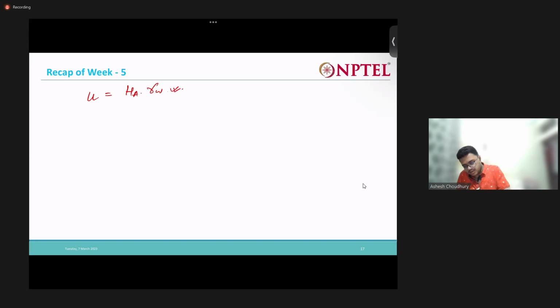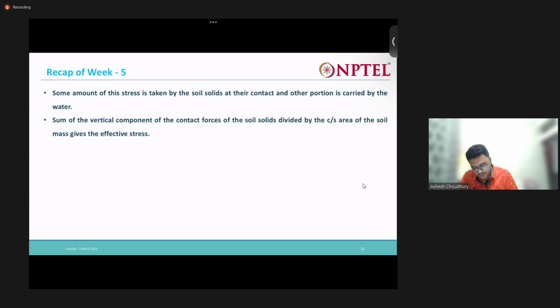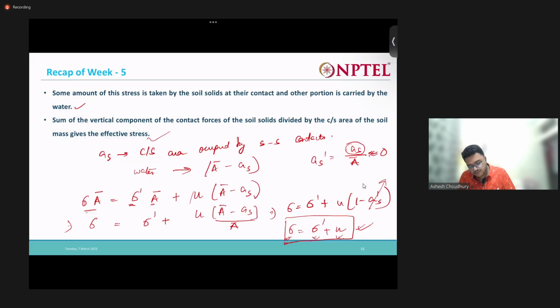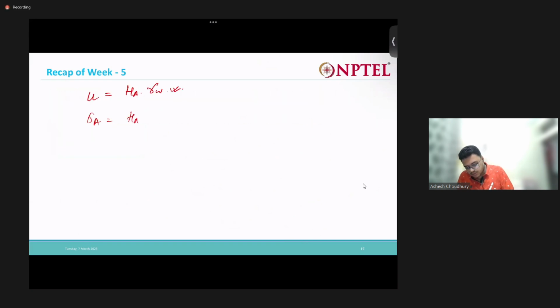Now what is my total stress? We already wrote it beforehand. This is my total stress: HA into gamma W plus (H minus HA) into gamma saturated. So what will be my effective stress? It will be nothing but total stress minus my pore water pressure.